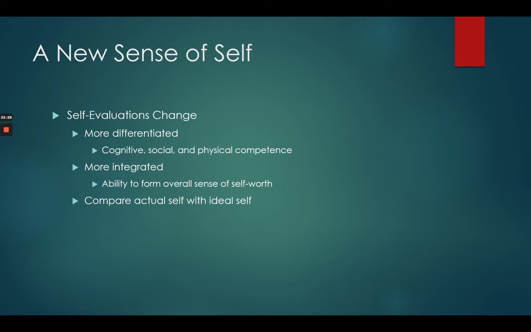That ideal self could be from the kids' standards, or more likely it's from adults or parents in the environment. And kids, obviously, who have a lot of difference between their actual self and their ideal self are susceptible to negative self-esteem and various maybe depressive disorders and things like that.